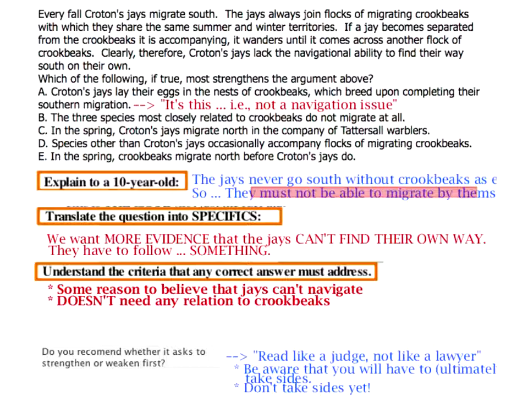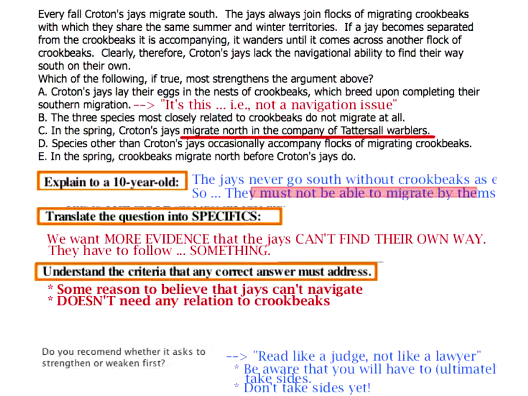Choice B, we don't care about species like crook beaks because that's totally not the point. Choice C is more reason to believe that they need to hitch rides. In fact, the idea that this is a different kind of bird makes our case even better, because C tells you that they also have to have an escort to go back north, and that there is nothing particularly special about crook beaks.